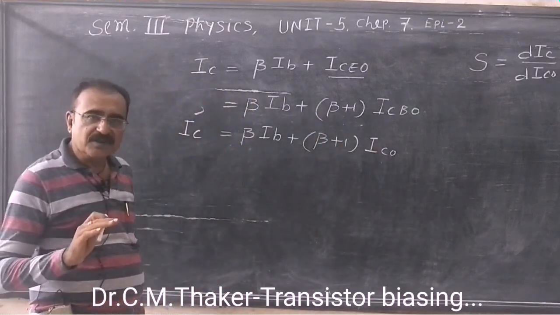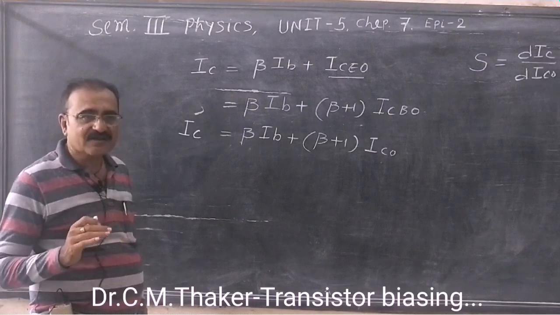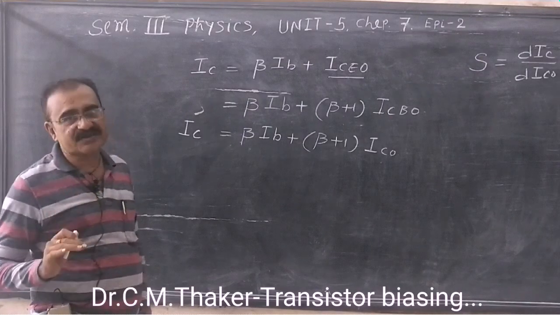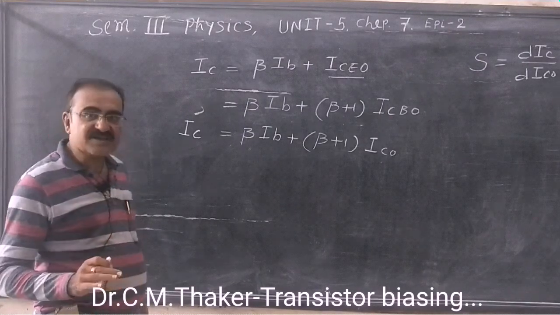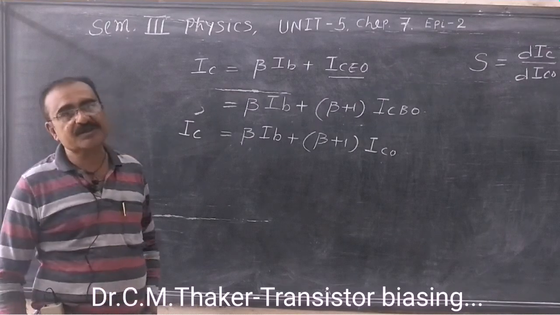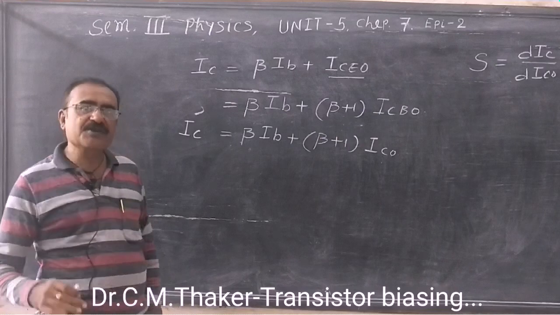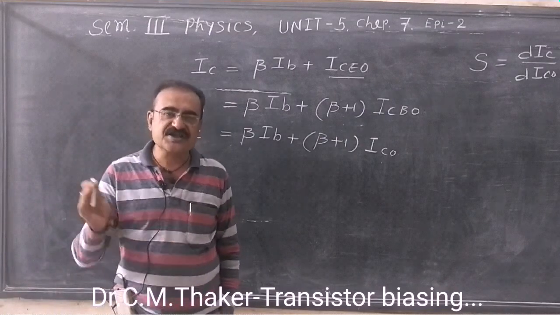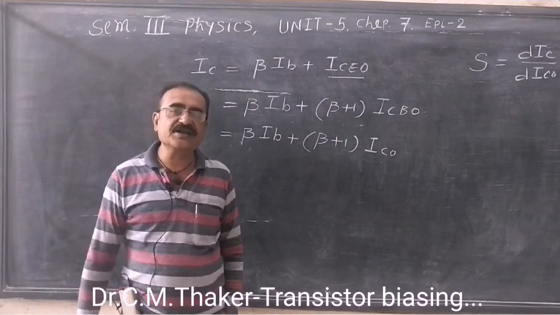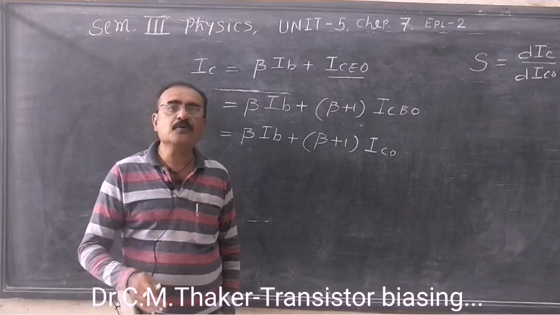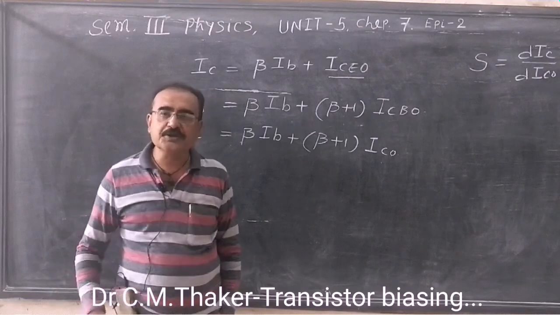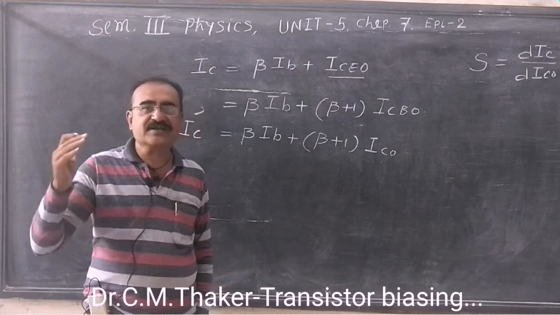So it is necessary that you take the derivative of IC with respect to ICO, the leakage current, and that is the mathematical protocol. Whenever you have to find the change in a certain quantity, you have to differentiate it.